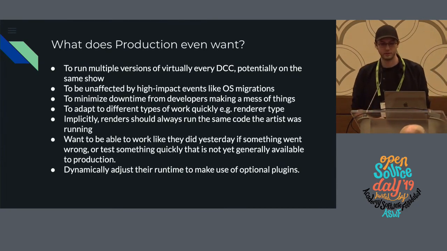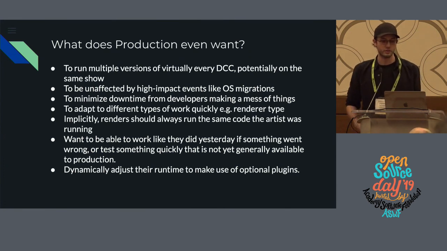So first of all, it's useful to ask the problem of just what does production even want out of their situation? Generally speaking, we have a variety of needs, things like I need to use 5 different versions of Maya or 5 different versions of Nuke.